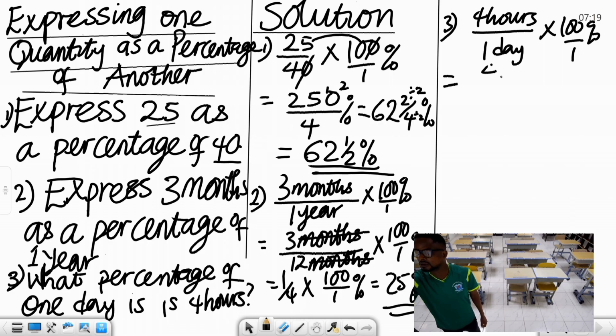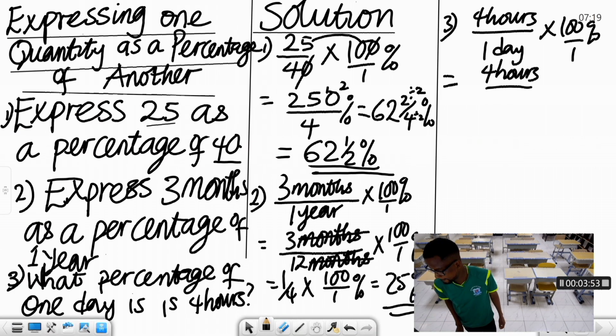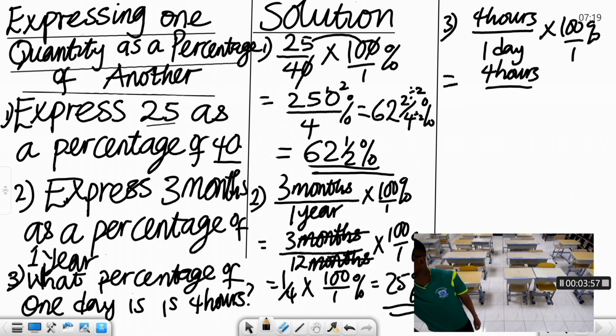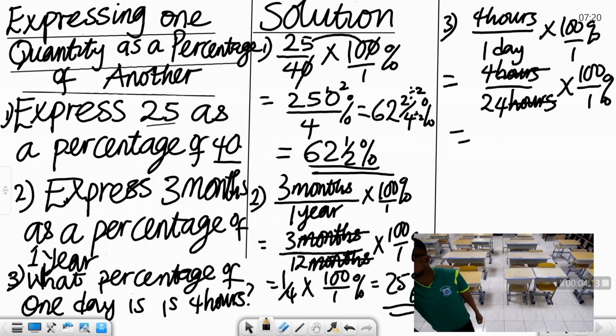So that gives us 4 hours over 24 hours. A day is 24 hours. Multiply by 100 over 1%. So the hours, we take away the hours.